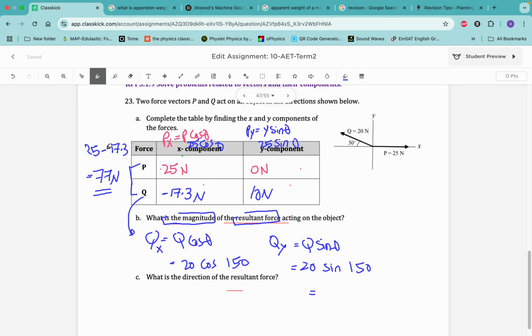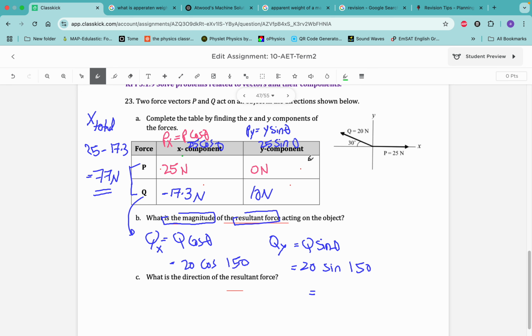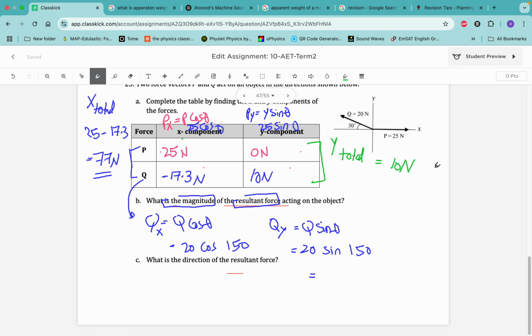So this is the x component, we call it total x. We're going to do the same with y. Here we need to find the total y. 0 and 10, so it will be 10 Newtons.